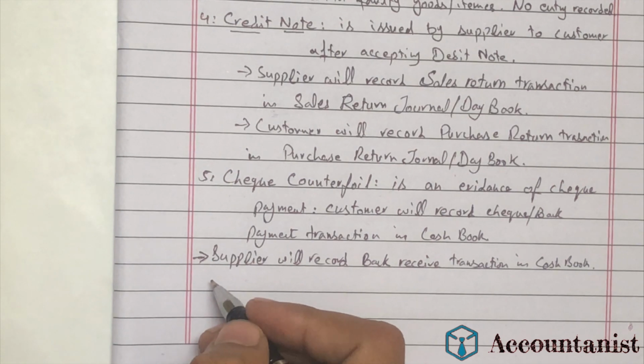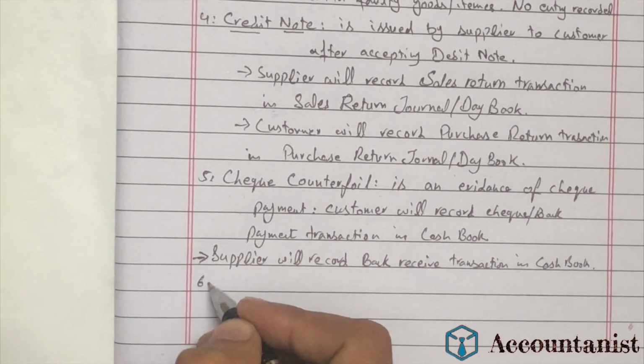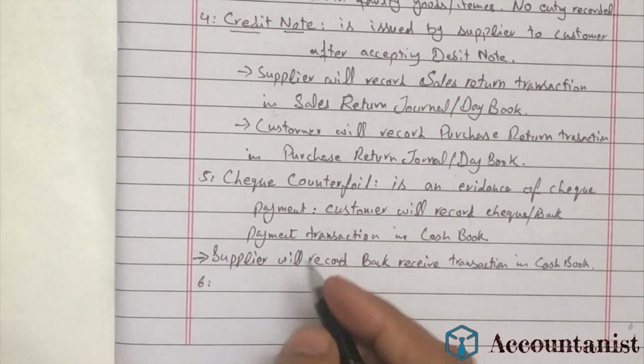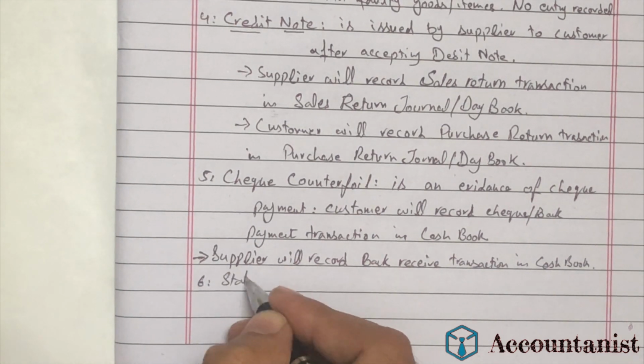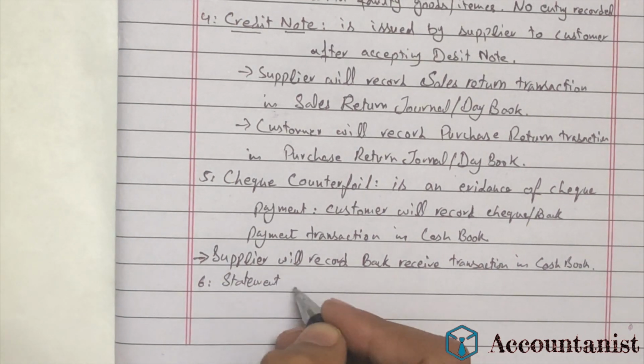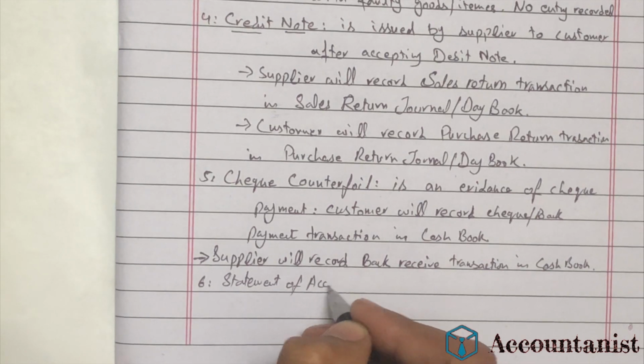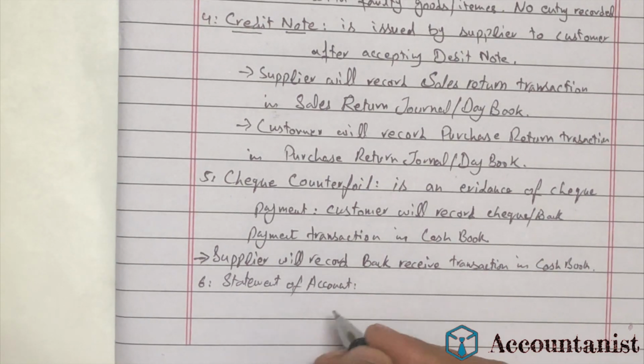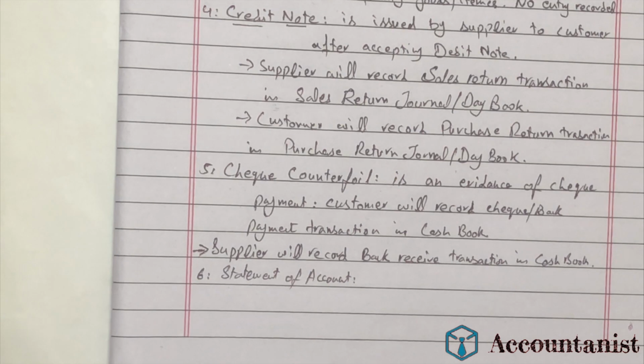The last document that we have in our syllabus is the statement of account. I tell my students that it is similar to the bank statement. After a month, the supplier issues this document that contains all the information of the transactions of that particular period, for a month.